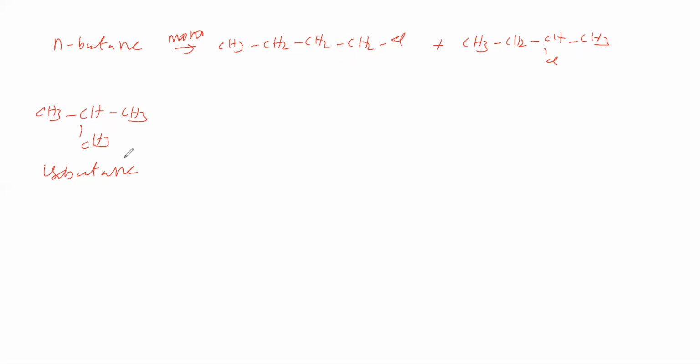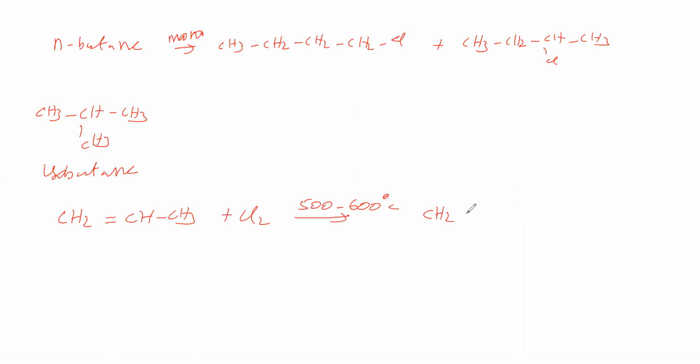Okay. Next, we will take propene. It is taken for chlorination at 500 to 600 degrees Celsius. So what is the product we will get?